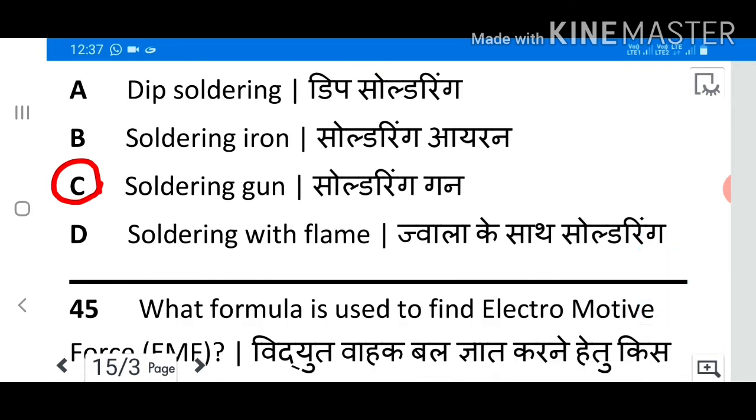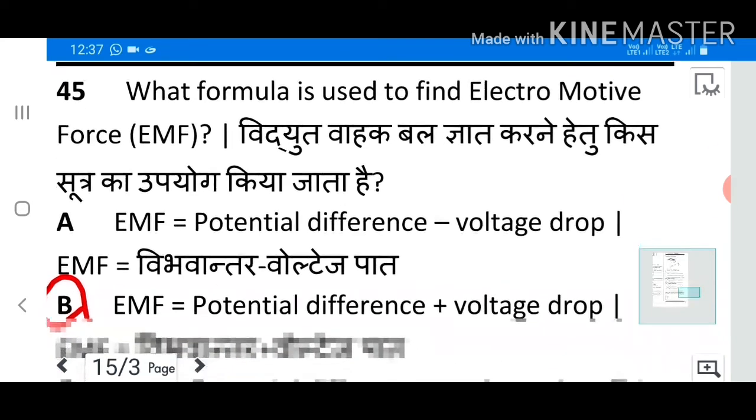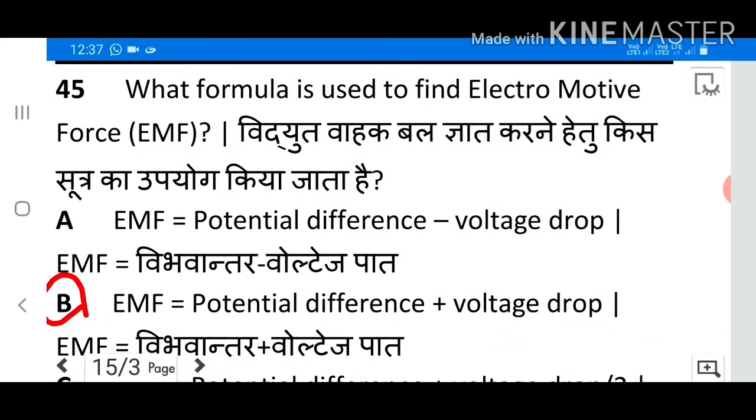Answer C. Soldering gun. 45. What formula is used to find electromotive force? Answer B. Electromotive force EMF equals potential difference plus voltage drop.